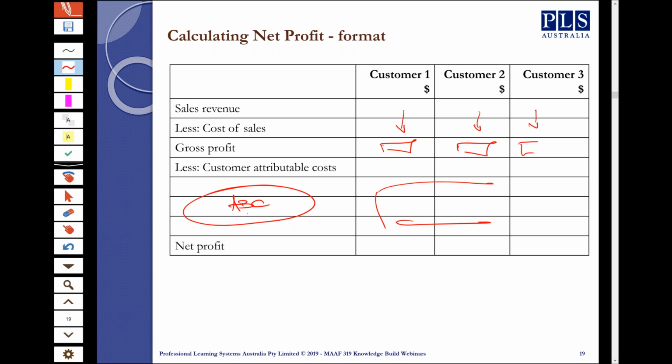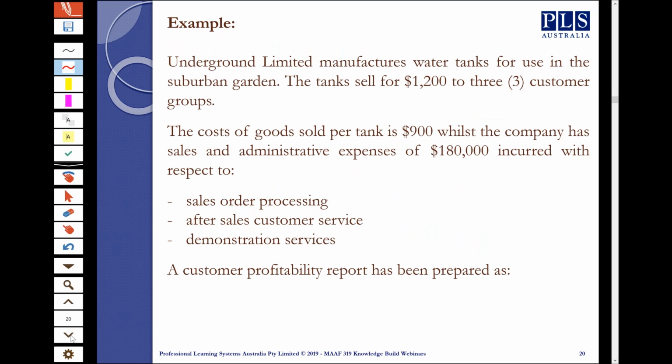So your activity-based costing will apply to your customer attributable costs, and that's where you'll apply the costs, potentially arriving at a positive and negative, with the idea being that you would then take appropriate actions, make recommendations as to how to improve performance.